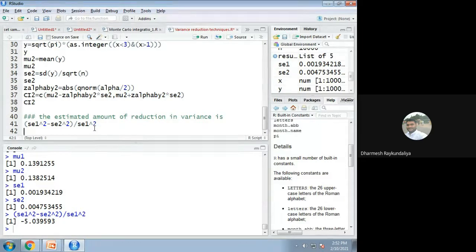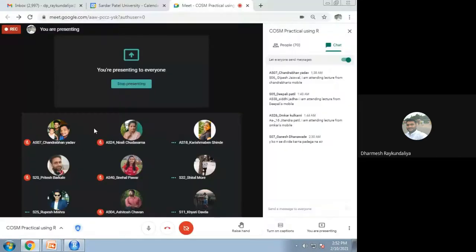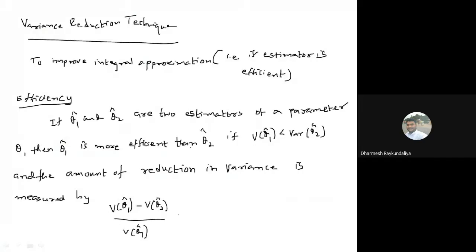Tell me, whose variance is less? If this is greater than 0, then variance of theta 2 cap is efficient. If this is less than 0, what does it mean? Variance of theta 1 cap is less than variance of theta 2 cap.